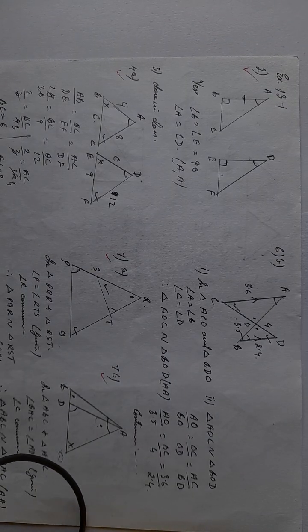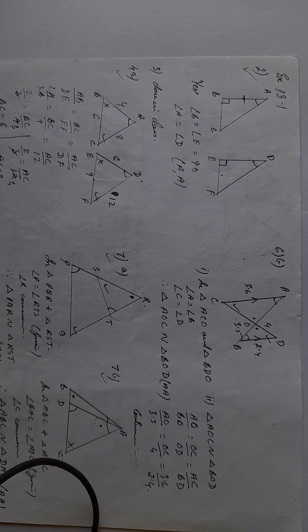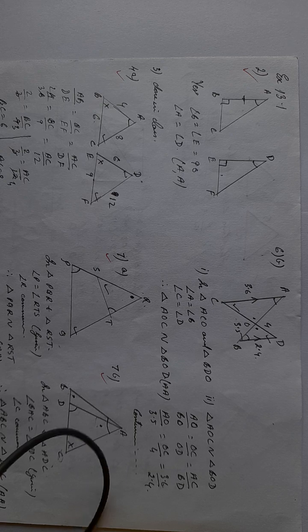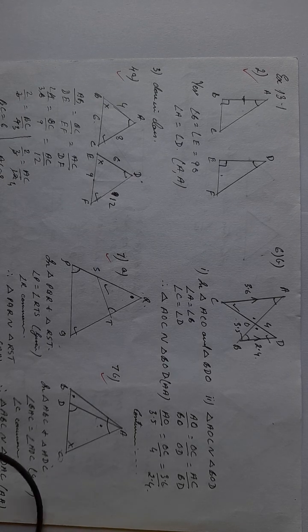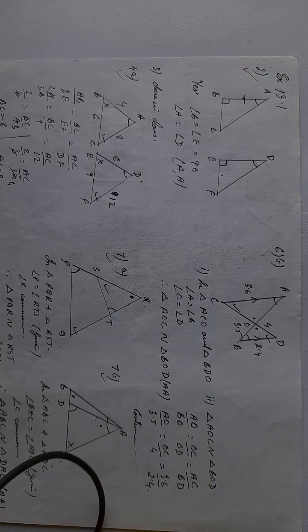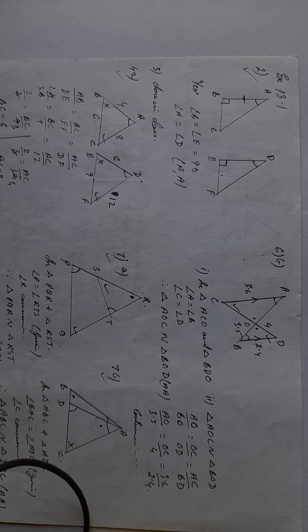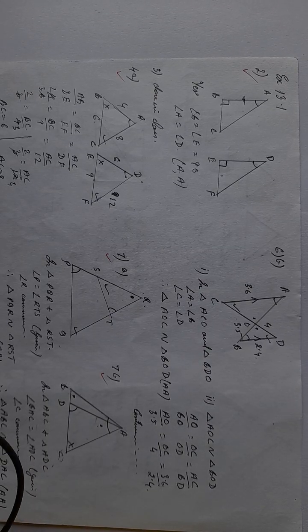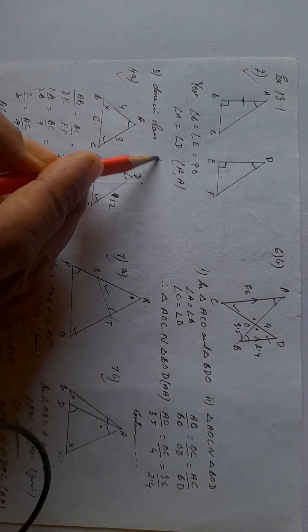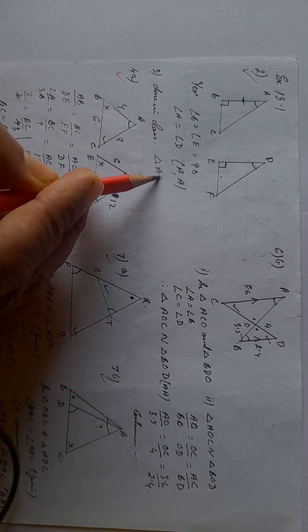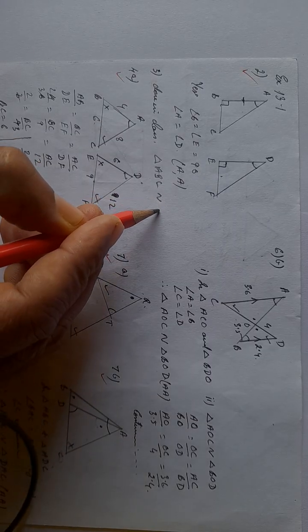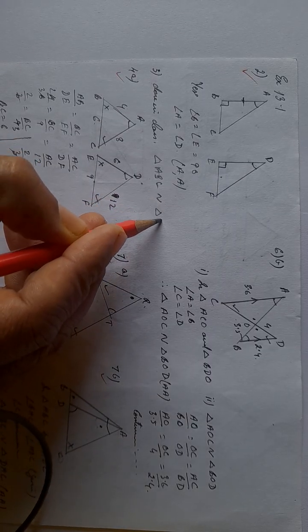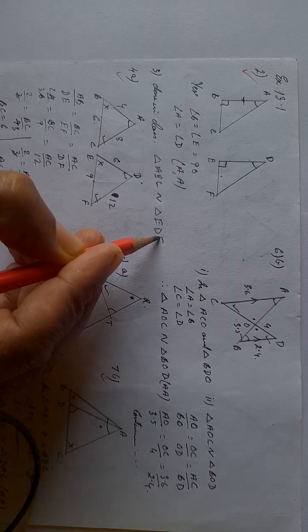It is given that the two triangles are similar. Remember one thing. Whenever they say that the triangles are similar, we take it for granted. Like we have triangle ABC similar to triangle EDF.